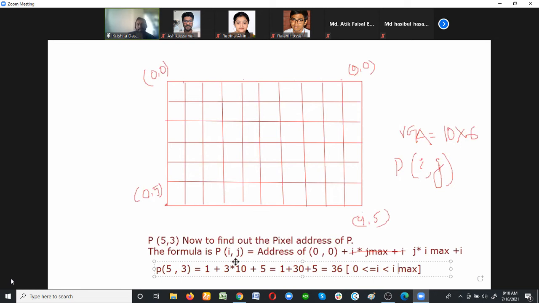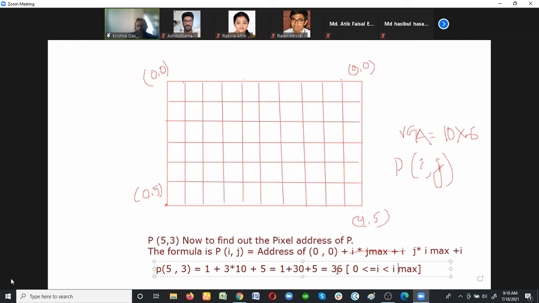So if in your question you have a pixel value to identify the address, say 10, 3, where the value of i is 10, then you would find an address which is outside the screen, because 10 does not satisfy this condition. It is not less than i max. i max is 10, so 10 is not less than 10, it is equal, so it will not be accepted.